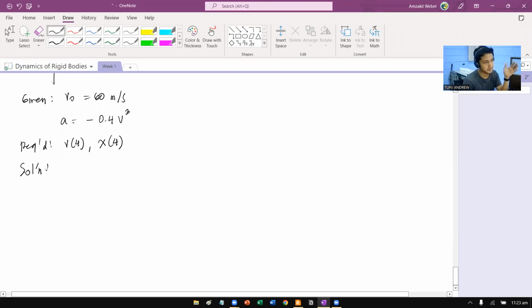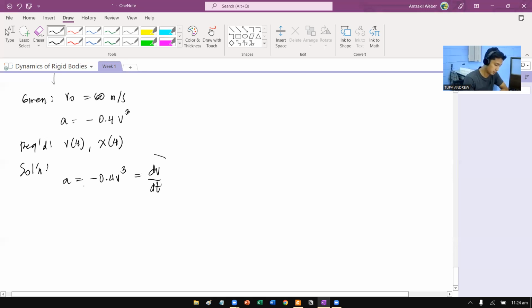First, we need to find the unique functions, the displacement, velocity, and acceleration equation for this specific type of motion. We can see that this belongs to the variable acceleration category because our acceleration is variable. So we need to use those two fundamental equations to produce a specific formula. Okay, so first, a is equal to -0.4 v cubed. We can equate this to dv/dt, correct?